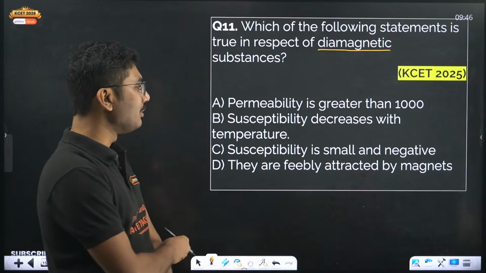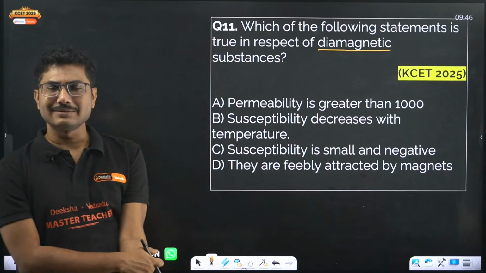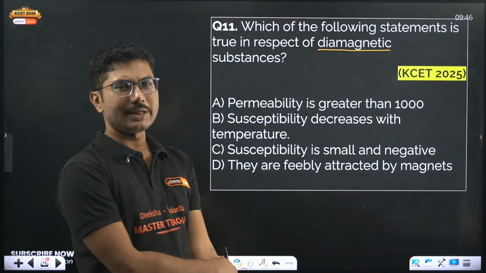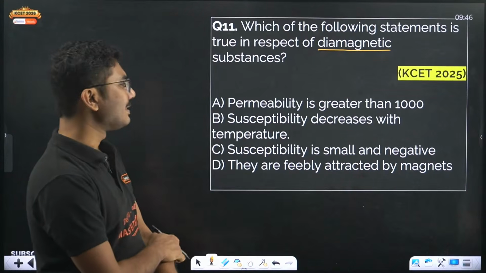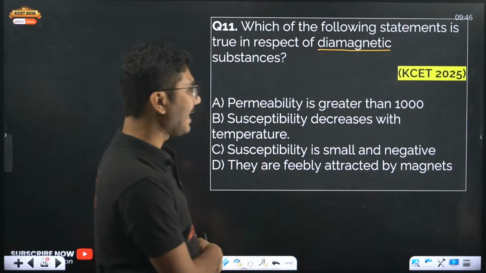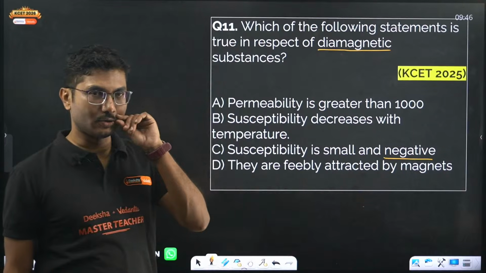They are feebly attracted by magnets. Susceptibility for a diamagnet is almost constant. It does not change with temperature. Susceptibility for a diamagnet is very small and it is negative, less than 0.